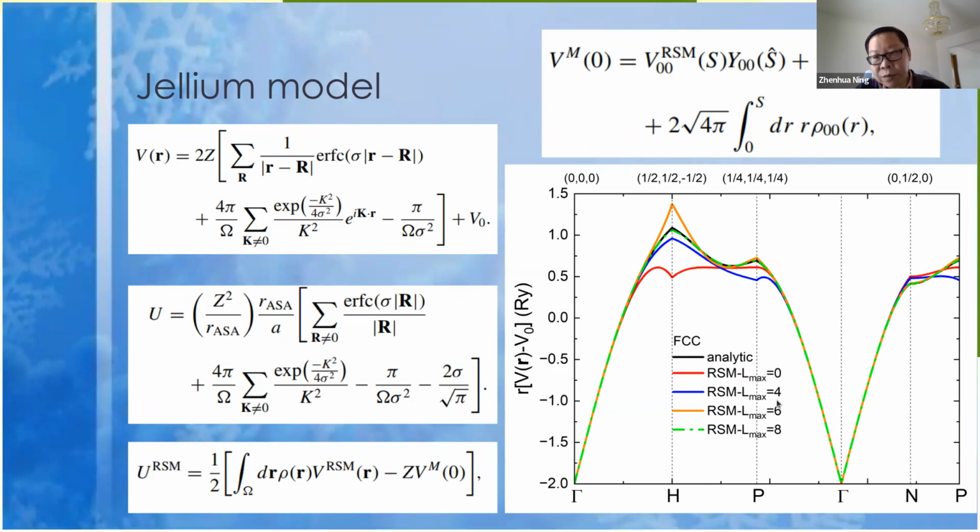If Lmax equal to 4, it agrees much better. But if Lmax equal to 6, it agrees pretty well for this range, but it still has deviation here. If Lmax equal to 8, it agrees pretty well with the exact result.